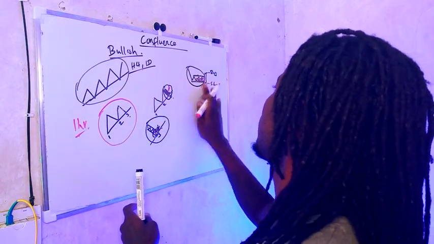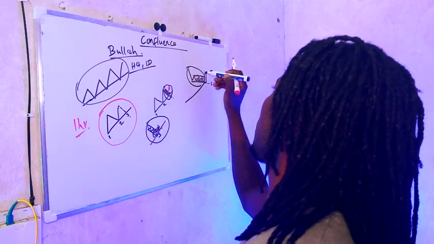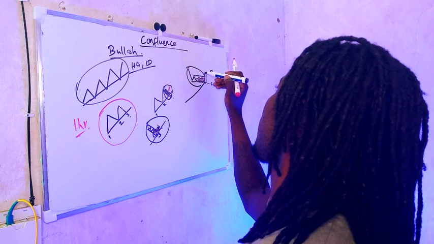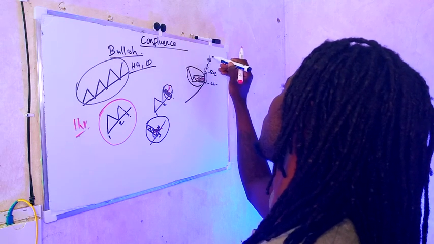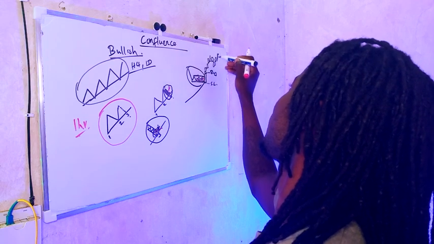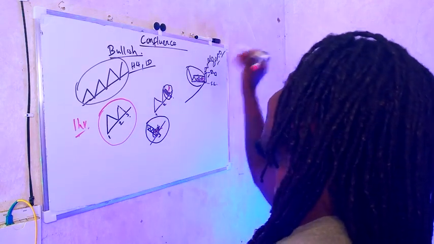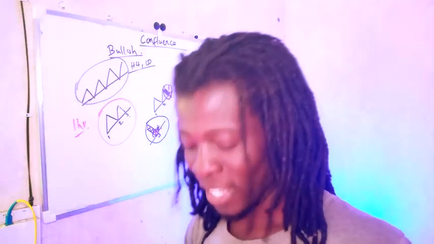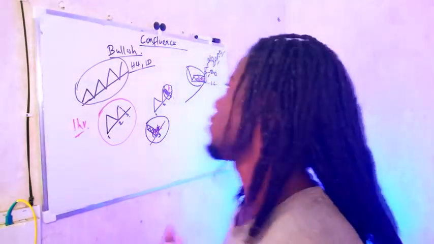So now we anticipate the rise will start. As usual we need pullbacks like that, forgive me for my drawing, like that, and like that. I hope that is quite easy and you understood that. If you don't understand, go back to the video and watch.